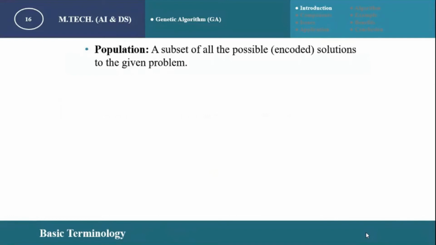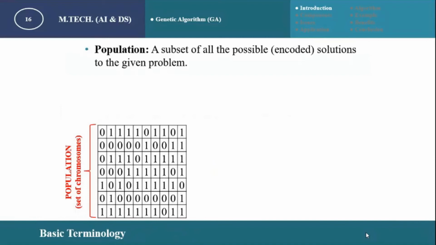The solution space is the set of all possible solutions for a given problem. Hence the population is a subset of the possible solutions of the given problem.